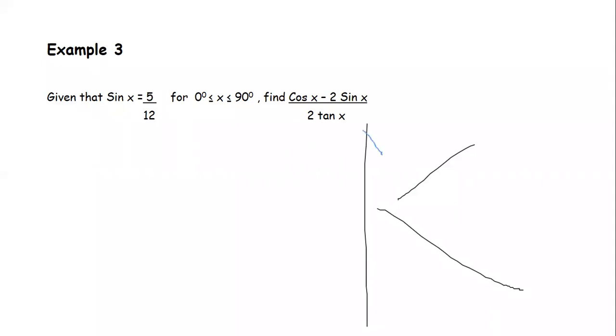So we are asked to find cos x minus 2 sine x, divided by 2 tan x.